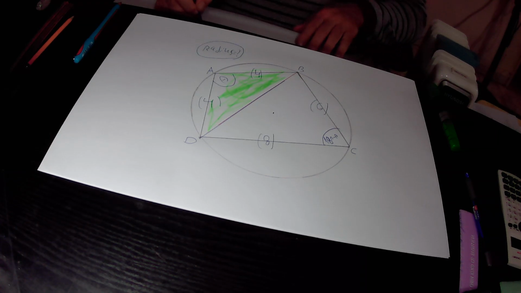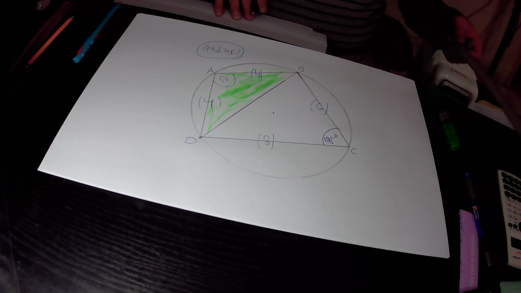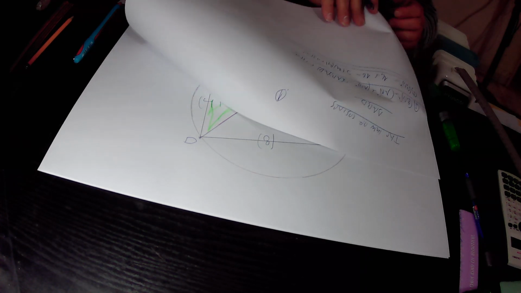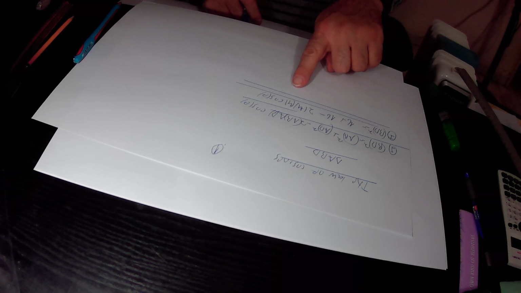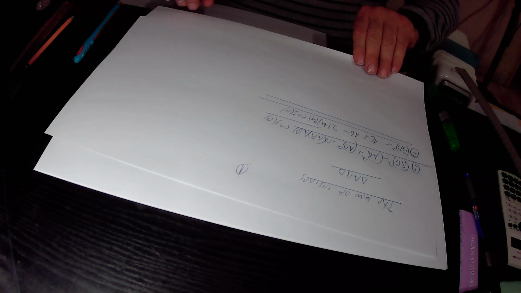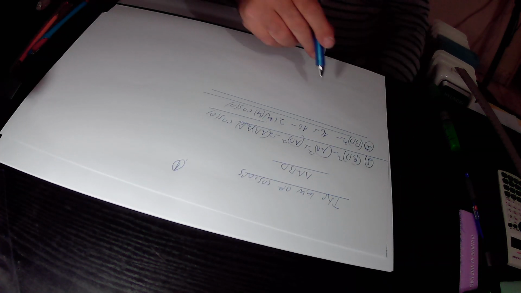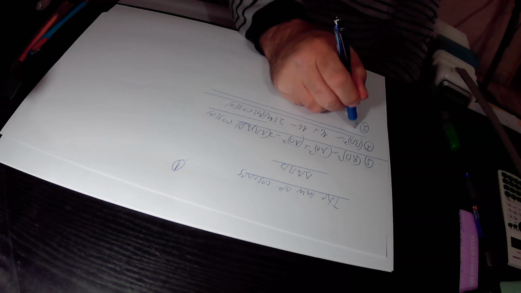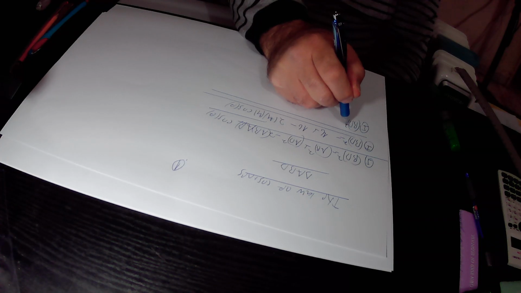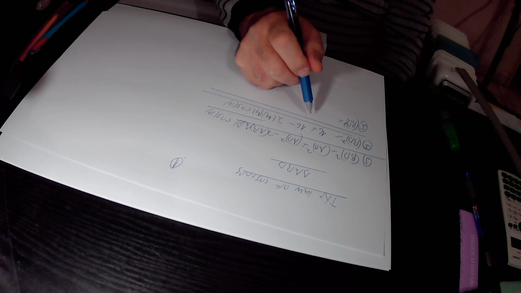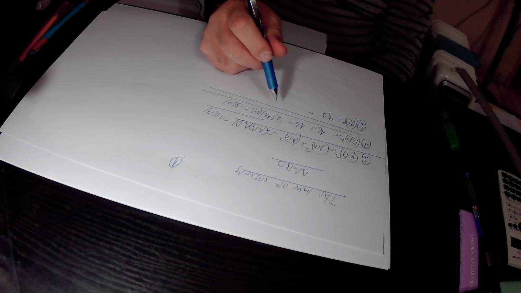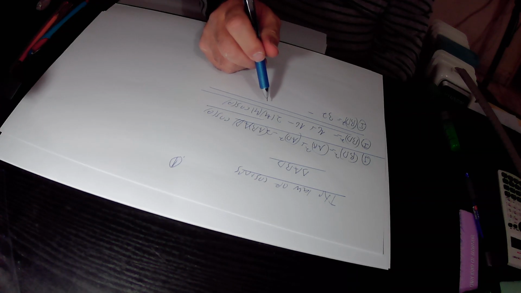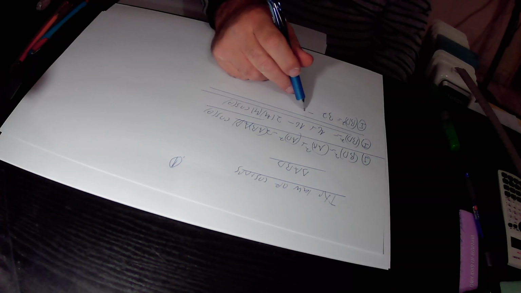So in total, according to equation 1, we found out that BD squared equals 16 plus 16 minus 2 times 4 times 4 times cosine theta. So BD squared equals 16 plus 16 is 32, minus 2 times 4 times 4. 4 times 4 is 16 and 16 times minus 2 is minus 32.